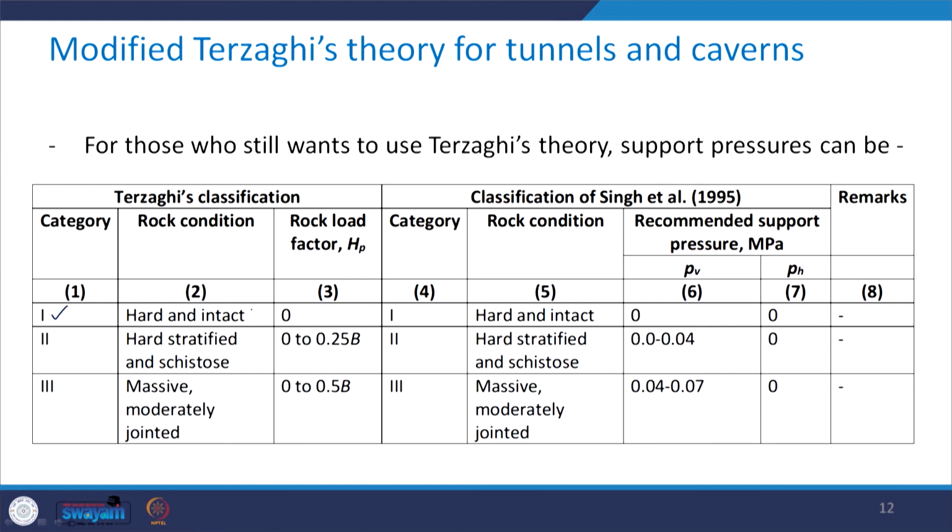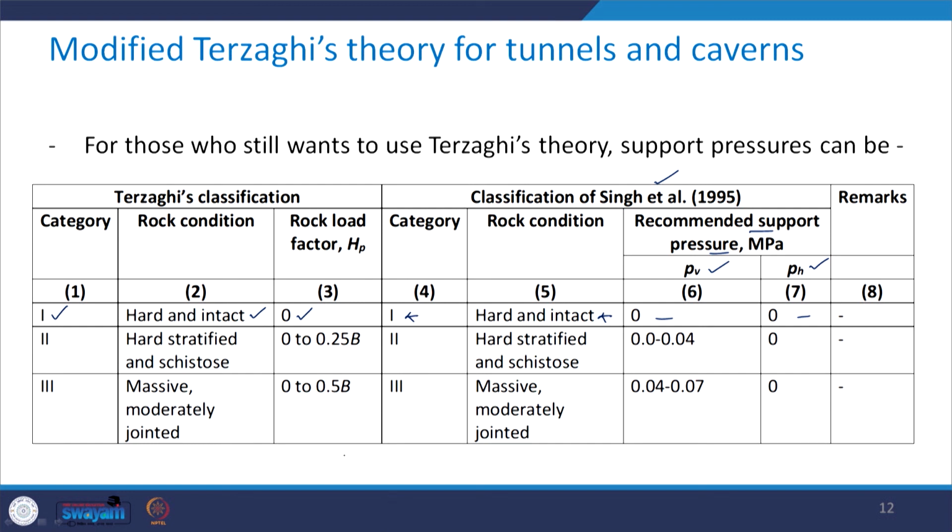For the first category, we had hard and intact rock, and the rock load factor was 0. In the classification of Singh et al., again the category is the first one, the rock condition is hard and intact. In this case, the recommended support pressure, PV the vertical and PH the horizontal support pressure, is equal to 0.